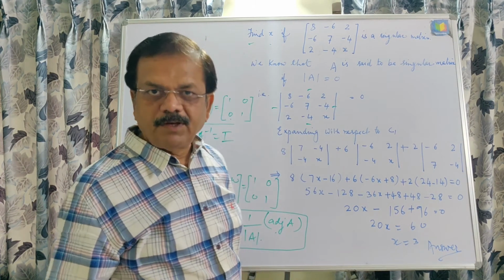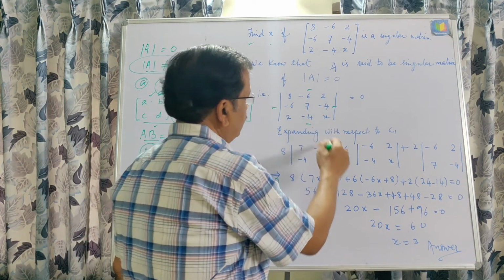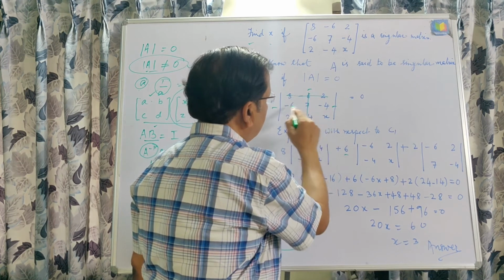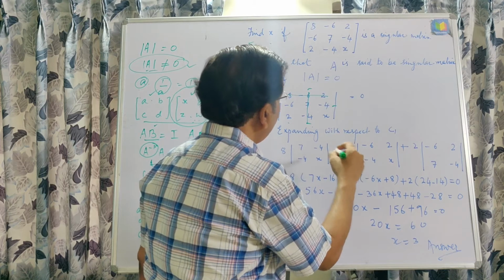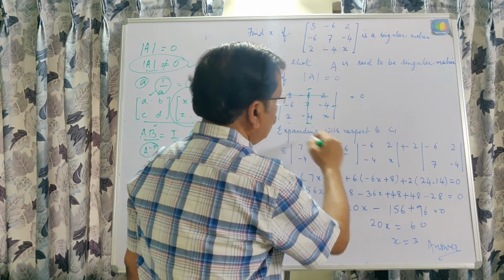After expanding, as we already studied in the last topic, and then plus 6, and this will be hidden, and then minus 6 minus 4, this is 2 and x.